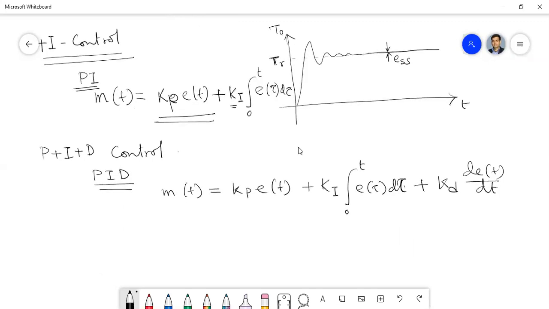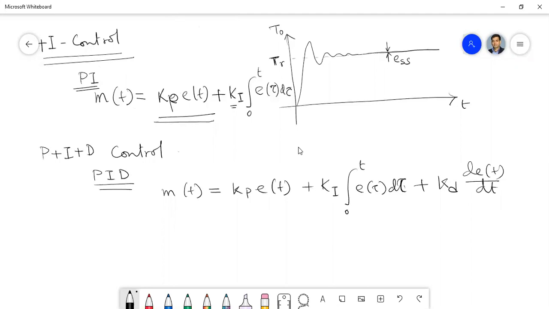And this PID controller has another disadvantage, that derivative controllers basically amplify high frequency noises. Sir, please repeat. Your voice is breaking.